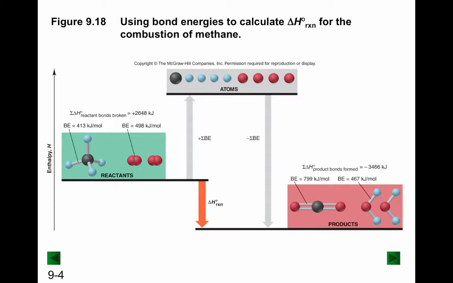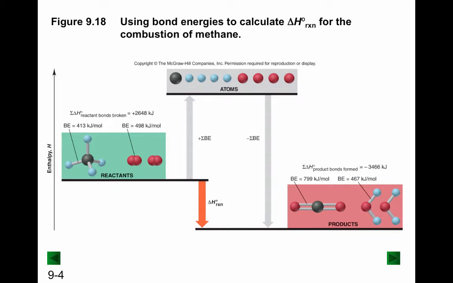This figure shows that we need to break all 4 carbon-hydrogen bonds and both of the oxygen-oxygen double bonds. 4 times the bond energy for the carbon-hydrogen bond is 1,652, and 2 times the bond energy for the oxygen-oxygen double bond is 996 kilojoules. Therefore, the total energy for breaking all the bonds in the reactants is 2,648 kilojoules.